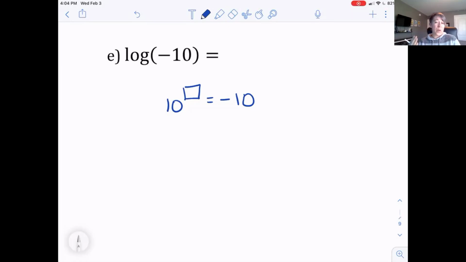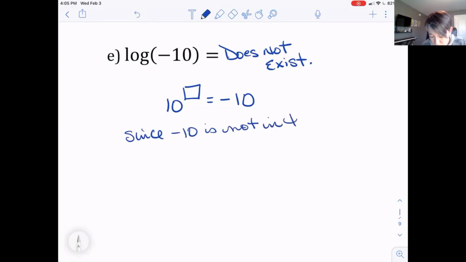Even 10 to the 0 power is a +1. So remember at the beginning, we said that that argument, that x value, has to be positive. So this one does not exist, since -10 is not in the domain.